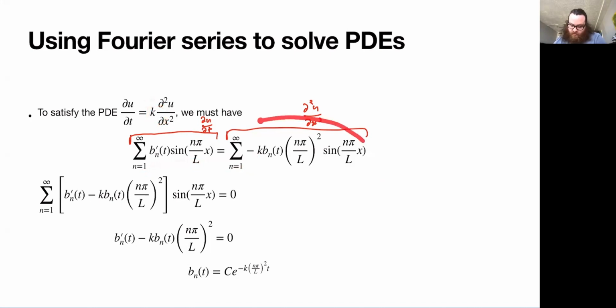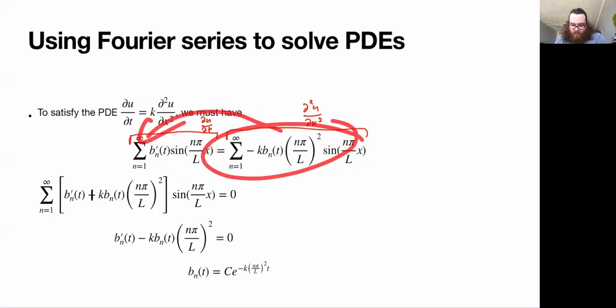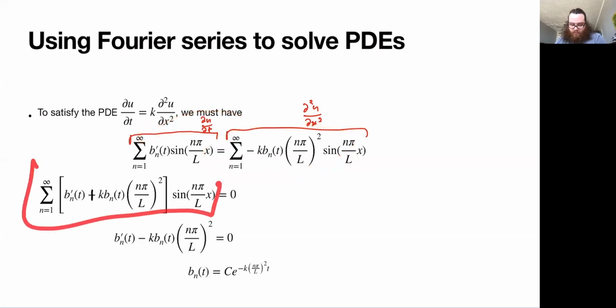So now what we're going to do is move this series over to the other side and then collect like terms. So match up whenever we have a sine of n pi x over L there. Match those terms up. There's a typo here. This should be a plus. But if you move this over there and collect like terms, you're going to end up with this thing right here. And so what is this telling us?